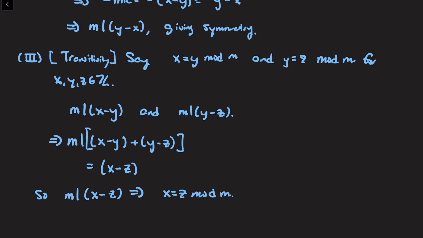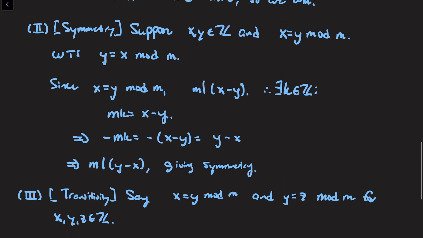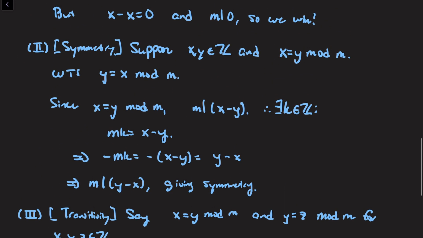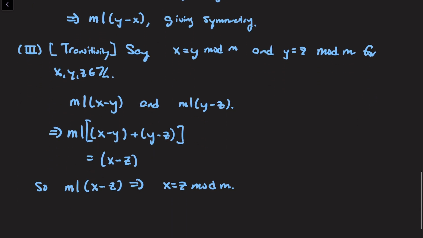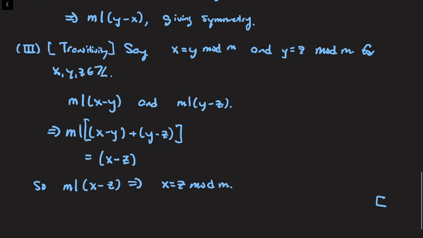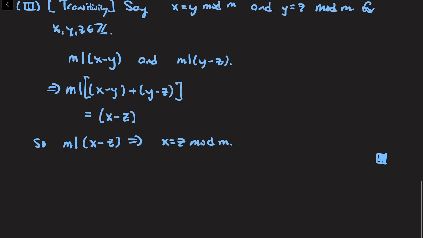So we've proven that this relation of congruence mod m is symmetric, transitive, and reflexive. Not in that order, though. So we're dealing with an equivalence relation here.